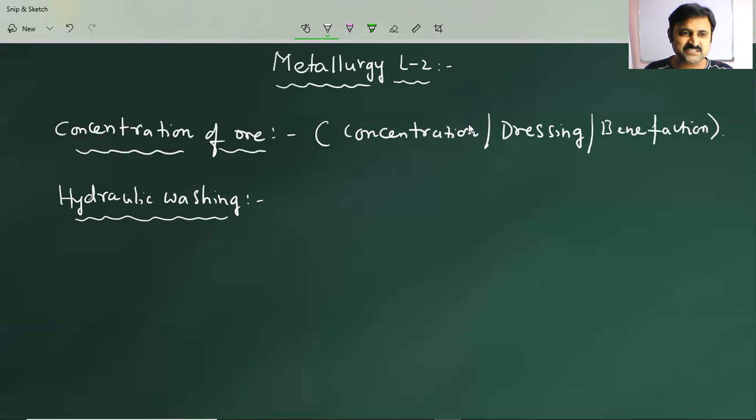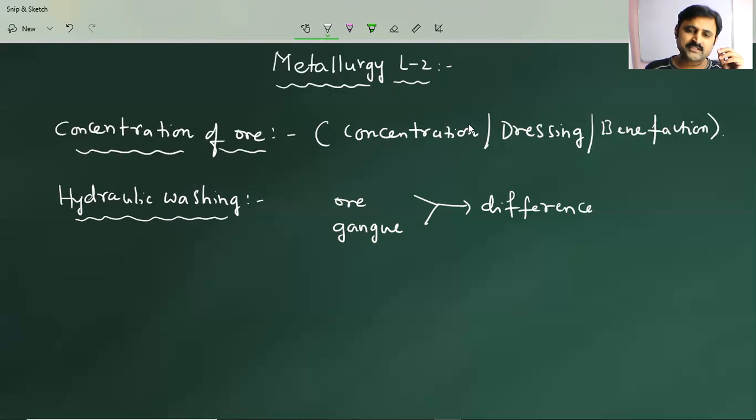The main principle in hydraulic washing is that we have two things, ore and gangue particles, and they should be different in gravities, or gravitational force.